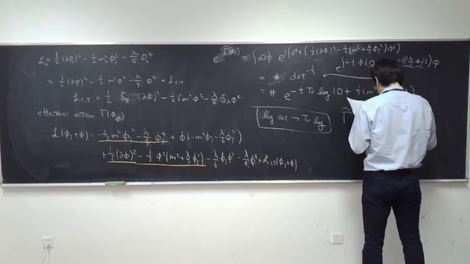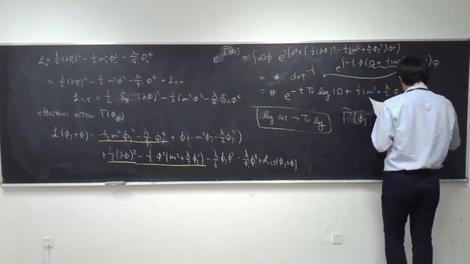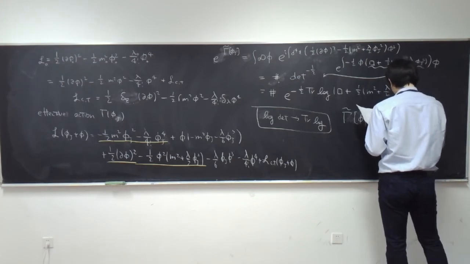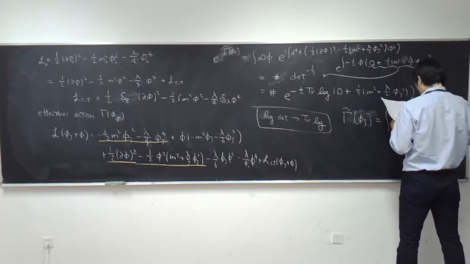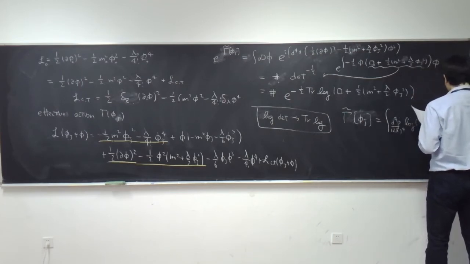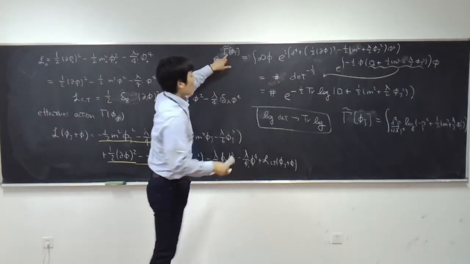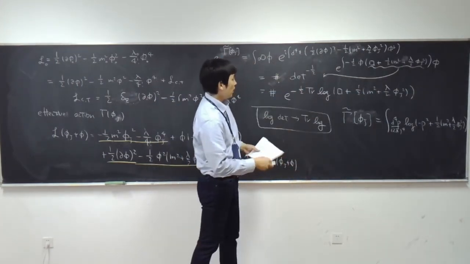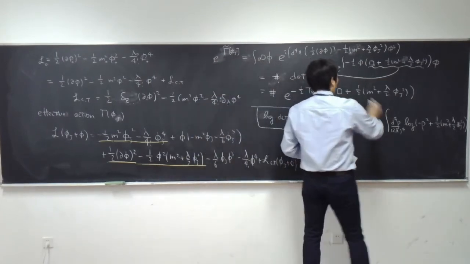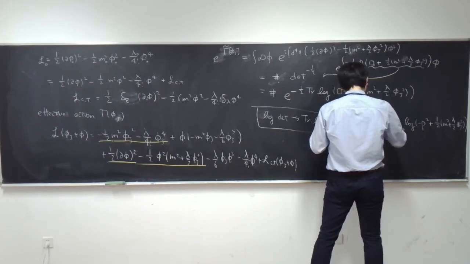If you do the integral, this is the integral d^4p over (2 pi)^4 of log of minus p^2 plus 1/2 m^2 plus lambda over 2 phi_j^2. I compare the exponent and then take the Fourier transformation of this one, and maybe I should include minus 1/2.